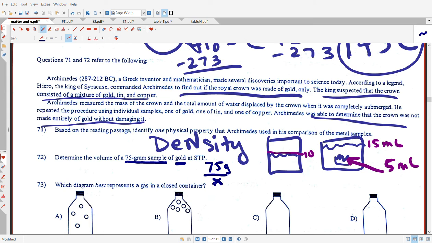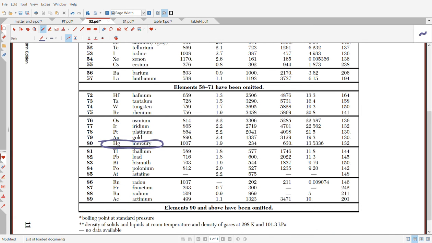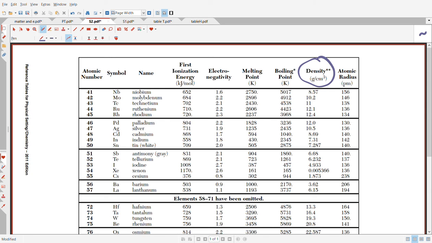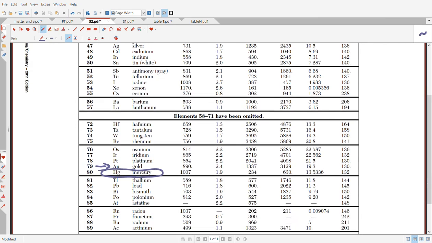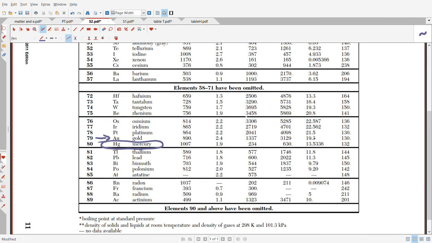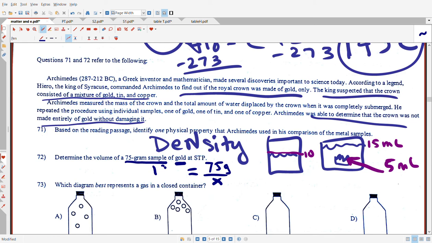We want the volume, and because it's gold, we can go to the periodic table, Table S, and look up gold. Density is this column here, grams per centimeter cubed. And here it is, 19.3. So we know the density is 19.3 when we have the grams.